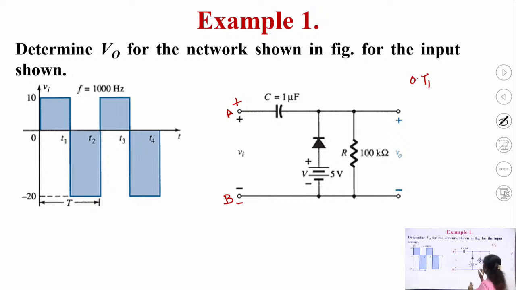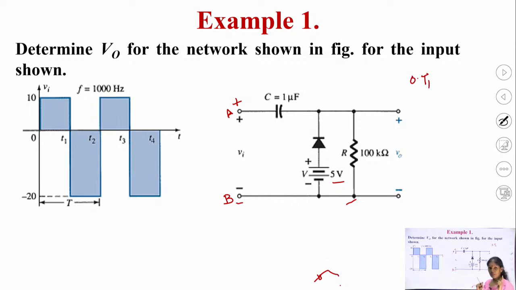The reason is, although this 5 volt will try to make your diode forward bias, here you are applying a rectangular waveform which is 10 volts. This 10 volt is greater than this 5 volt, and this 10 volt is making the diode reverse bias, because here the cathode is connected through this capacitor to the positive terminal of the battery.